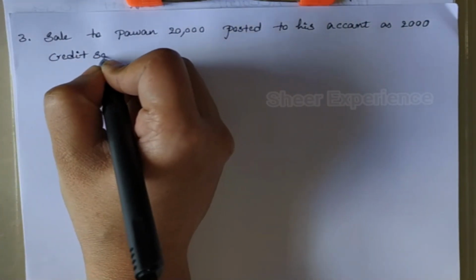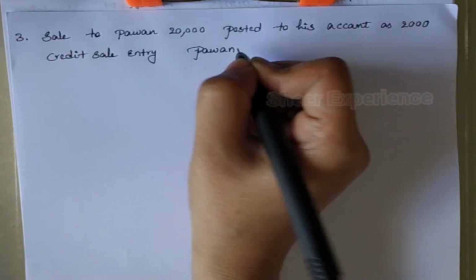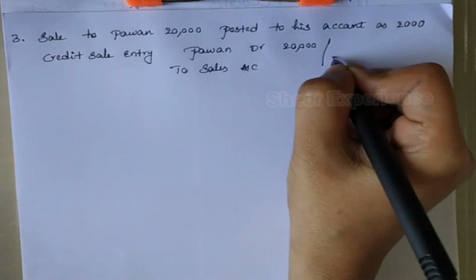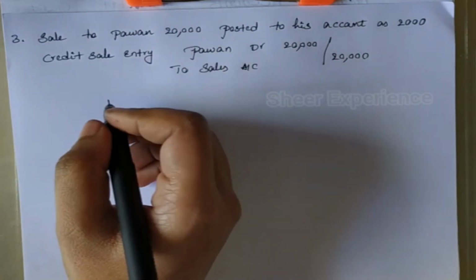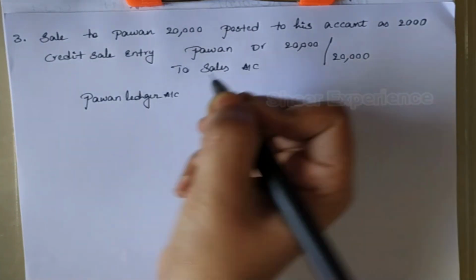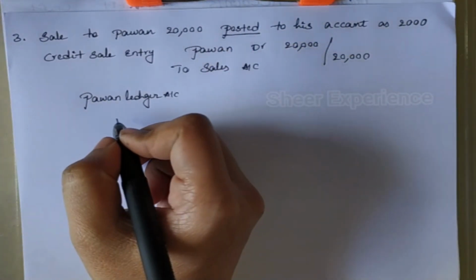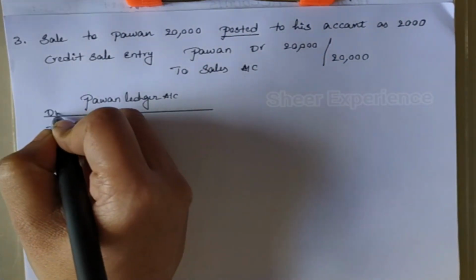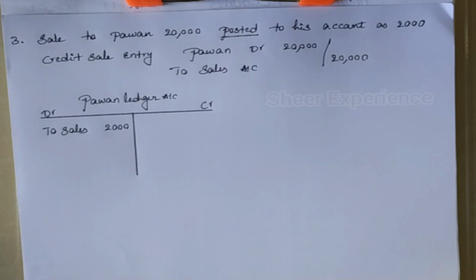The credit sale entry is customer debtor to sales account. Here we have sold to Pawan. So Pawan debtor to sales account. The error states sale to Pawan 20,000 posted to his account as 2,000. Posted means we have mentioned the amount in the Pawan's ledger account as 2,000 instead of 20,000.